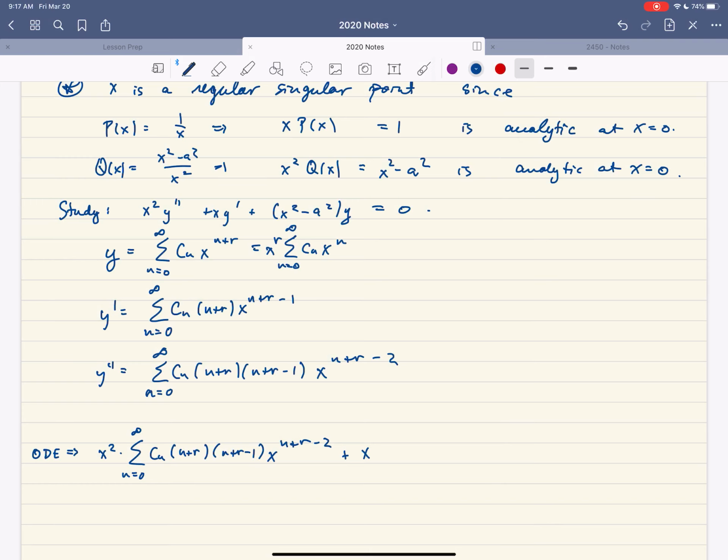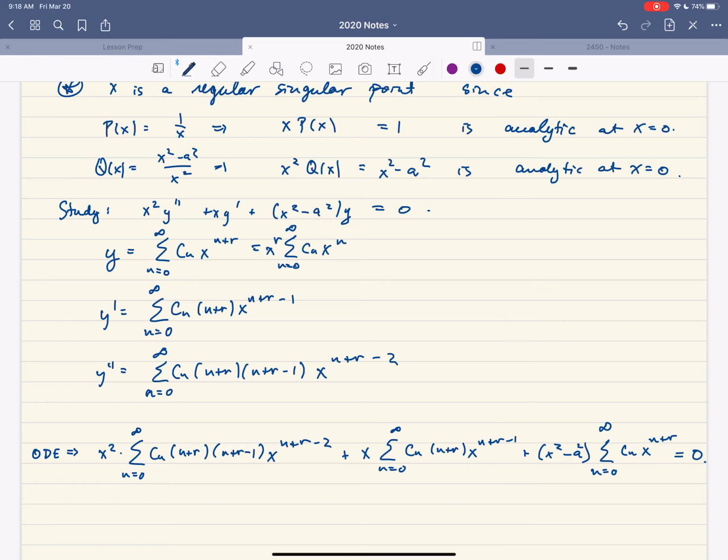That is the sum from n equals 0 to infinity, c sub n, n plus r, x to the n plus r minus 1, plus x squared minus a squared times our original series, the sum from n equals 0 to infinity of c sub n x to the n plus r. And that should all be equal to 0.